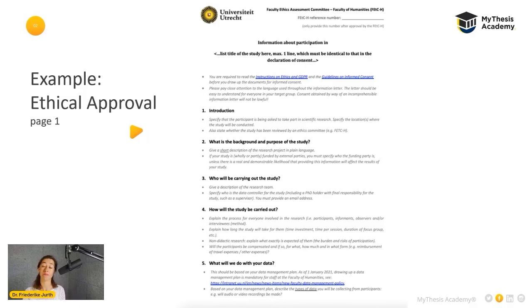You don't only need to provide the names and the name of a supervisor, or if it is for the whole team, the chief investigator, but you also need to provide contact details. In this case, an email address where someone from the committee, for example, can get in touch with you if there are further questions.